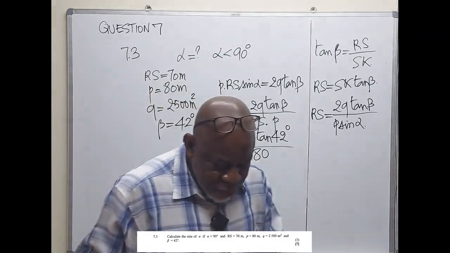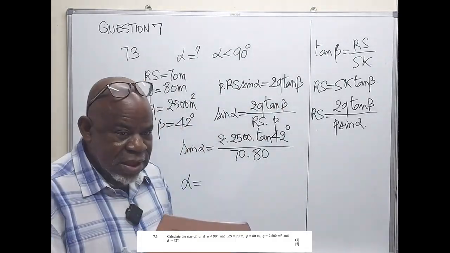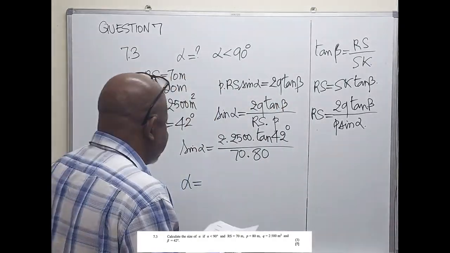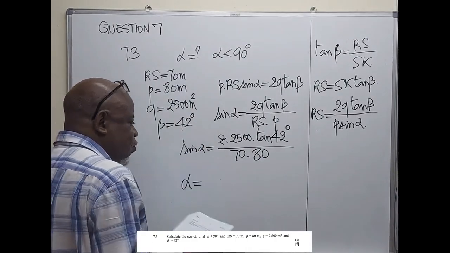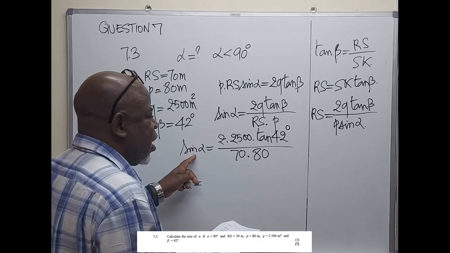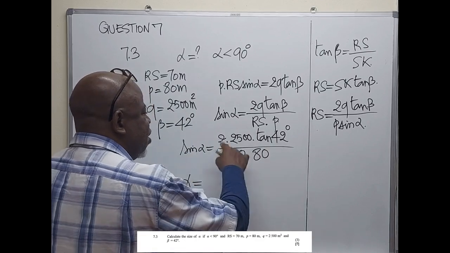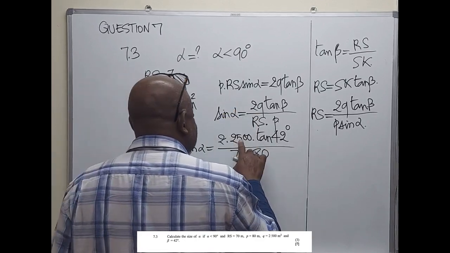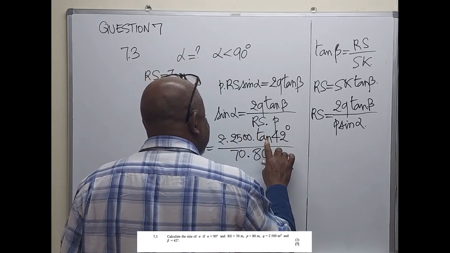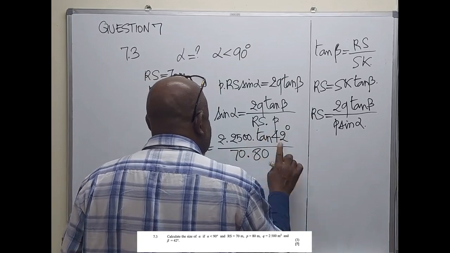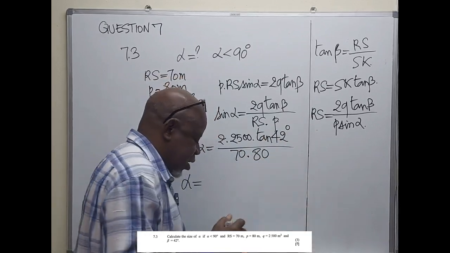Then we will need our calculator. We're going to take arc sine on our calculator of 2 times 2,500 multiplied by tangent 42 degrees over 70 times 80.